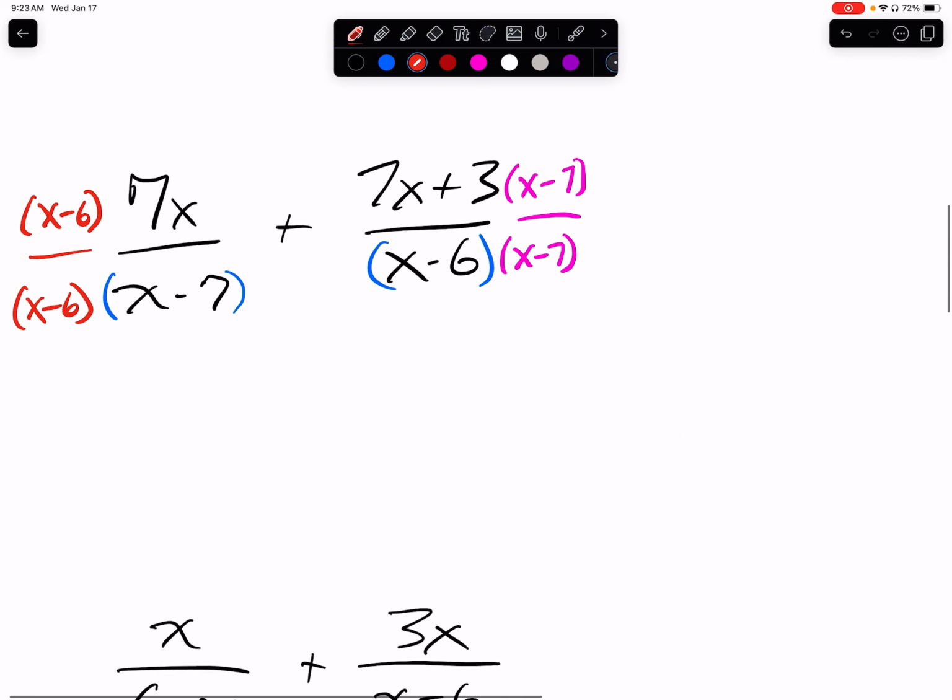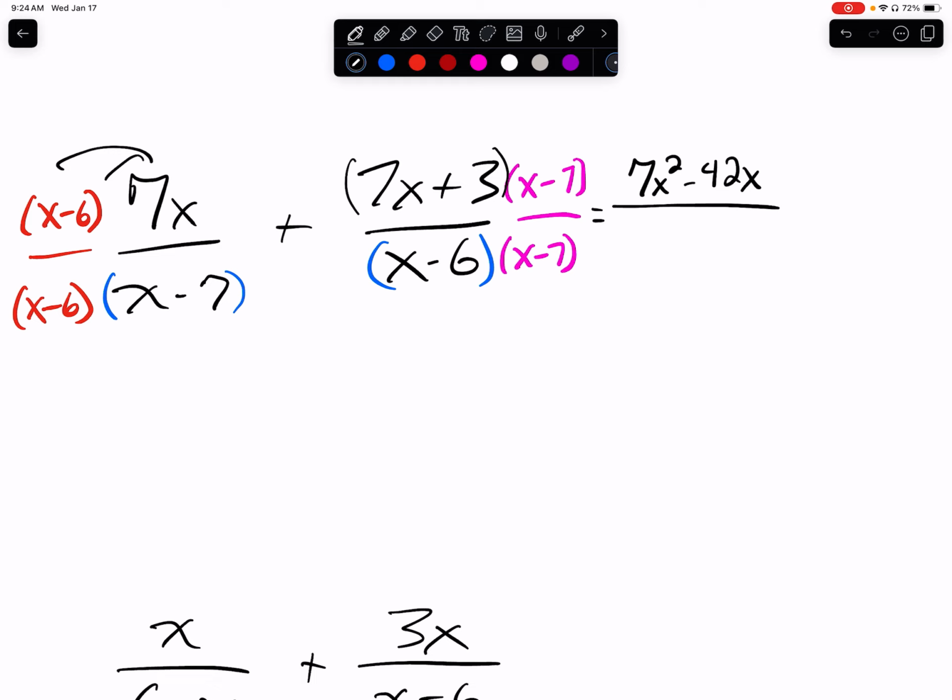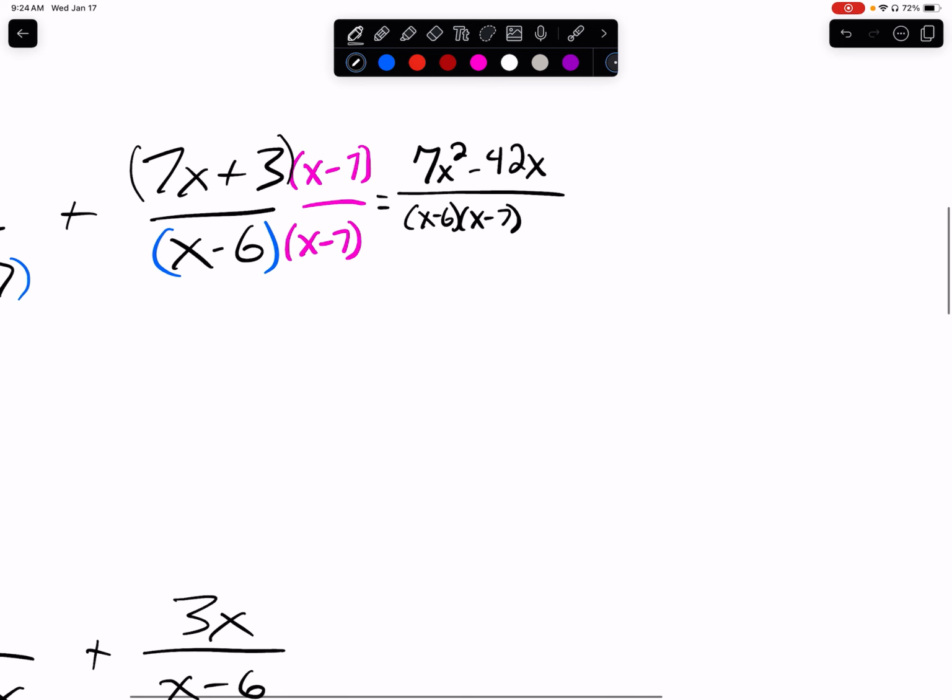Now here, we're going to do a couple of tricks here, but the first thing I wanted to show you is that, well, we're just going to distribute and then we're going to have to area model or FOIL over here. So if I look at the left one, I've got 7x squared minus 42x all divided by, now I'm going to keep this together, x minus 6 and then x minus 7. And then the right-hand expression, I'm going to keep the same denominator, x minus 6. Notice how I haven't factored it yet or FOILed it out yet.